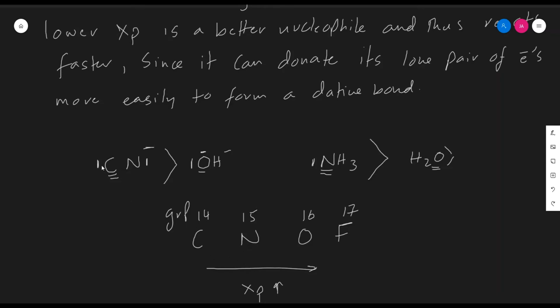Thus, I will be comparing the carbon's electronegativity value with the oxygen's electronegativity value in the hydroxide ion. As we can see here, the oxygen once again has a higher electronegativity value than the carbon atom in the cyanide, and thus the carbon in the cyanide nucleophile would donate its pair of electrons more easily to form a dative bond with the electron deficient carbon, and thus would exhibit a faster rate of reaction.